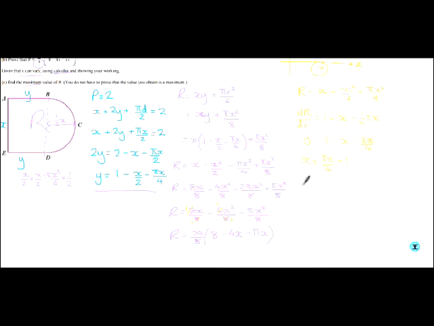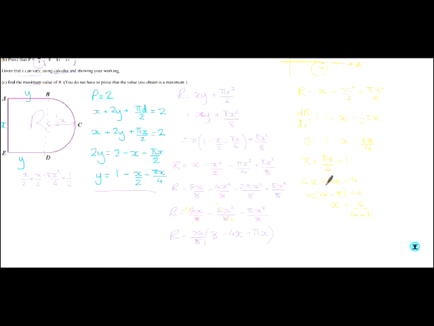Let's times everything by 4. So if we have 4x plus pi x is equal to 4, and now we can factorize for x, allowing us to solve it. So x times 4 plus pi equals 4, and therefore x is 4 over 4 plus pi.